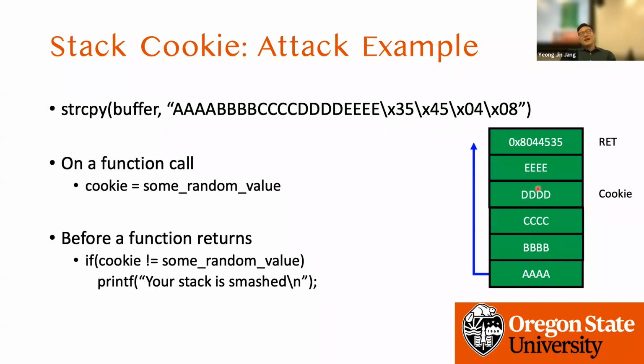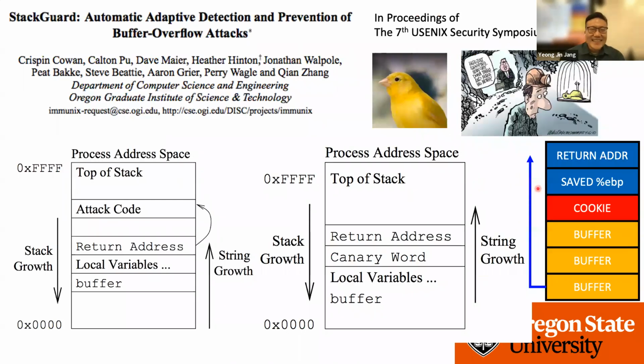I am a hacker, and at the same time I'm an academic researcher, so I have to present another academic paper. This was developed locally in Oregon. Have you heard about the Oregon Graduate Institute of Science and Technology? It is a university, but it does not have an undergrad program.